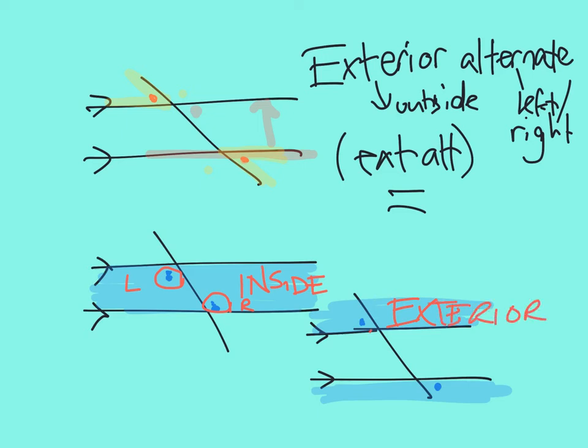That guy is on the left of the transversal and that guy's on the right of the transversal. If I have two of them on the left, say the other angle's there, then I get that corresponding relationship. If I have an angle out here on the left side as well, it doesn't match up with that at all with the proof.